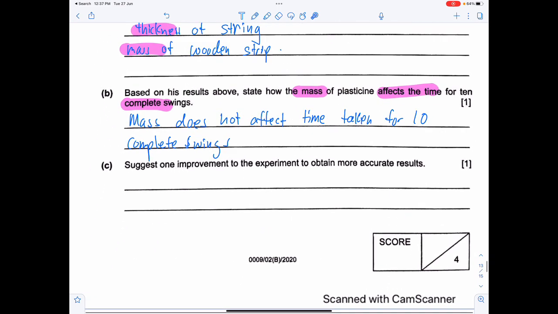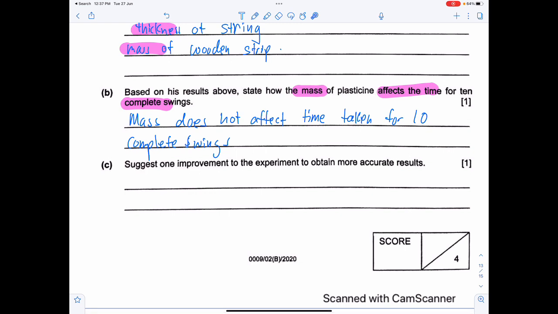Next, suggest one improvement to the experiment to obtain more accurate results. You should say that what is your accurate results? What has got to do with MV, right? What are you measuring? You are measuring the timing, correct?